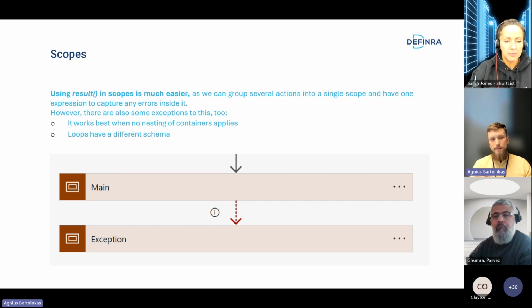On top of that, as if that wasn't fun enough already, loops, which are also containers, have a completely different schema from both conditions and scopes. So the recommendation here is obviously to try and use as few containers as possible if you're using scopes for handling errors, that is.